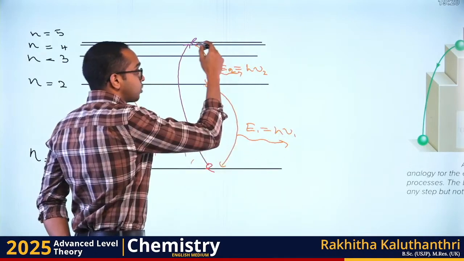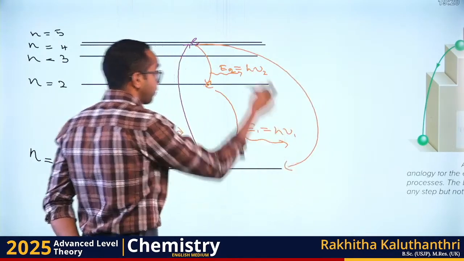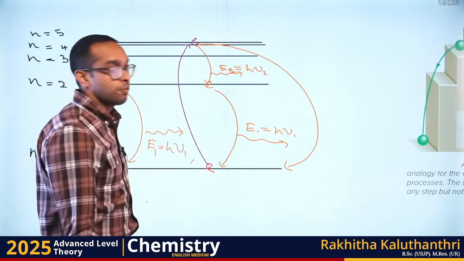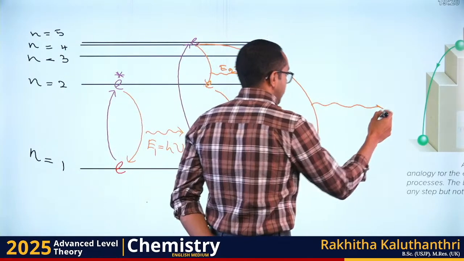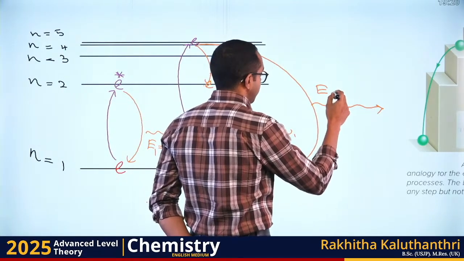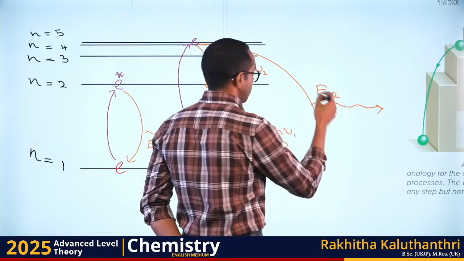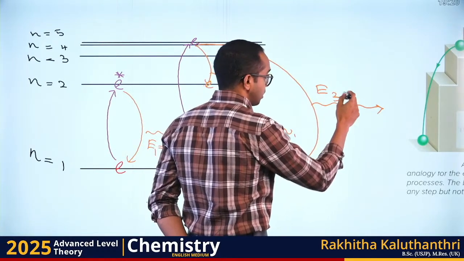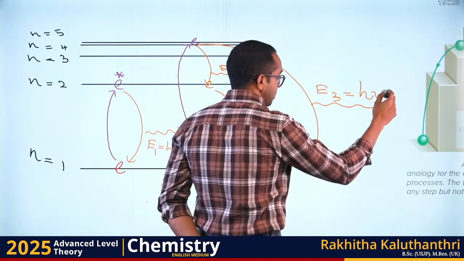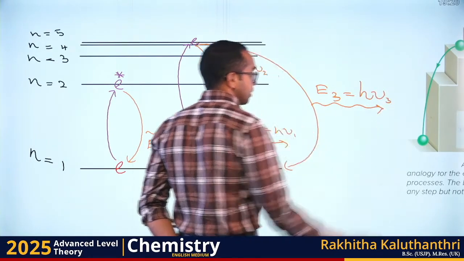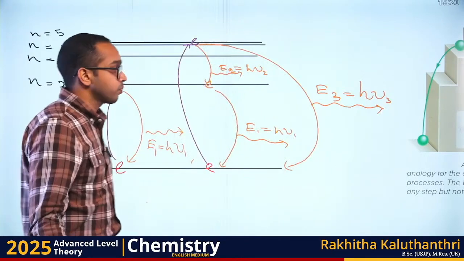Or else the electron could fall all the way from the 5th energy level down to the first energy level by releasing a different type of energy, not E1 or E2, let's say a large amount of energy, E3. That can be represented by h nu 3, right?